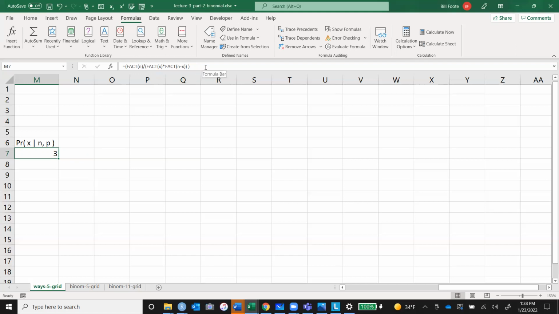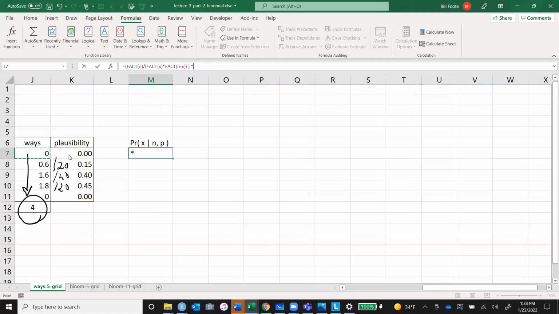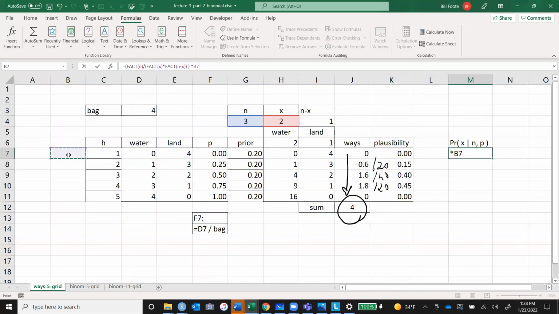So I'm going to multiply that times whatever p is in this column. There we go. And here's one of them. And I'm going to raise this to the x power. Notice how well this follows.